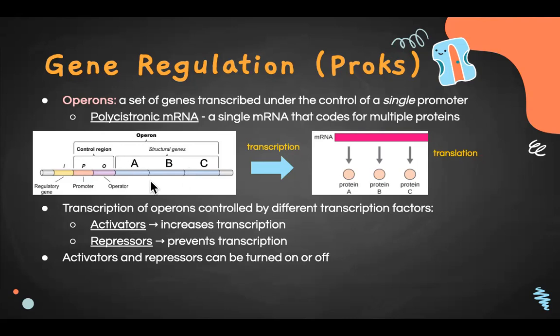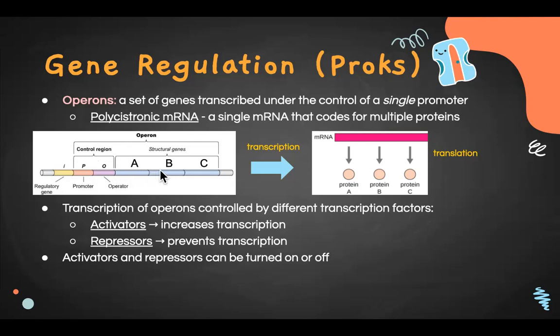Having many different genes like this is called polycistronic mRNA, a single mRNA that codes for multiple proteins. Essentially, you'll have a promoter here. This is where the RNA polymerase is going to bind, and then it's going to start transcribing.